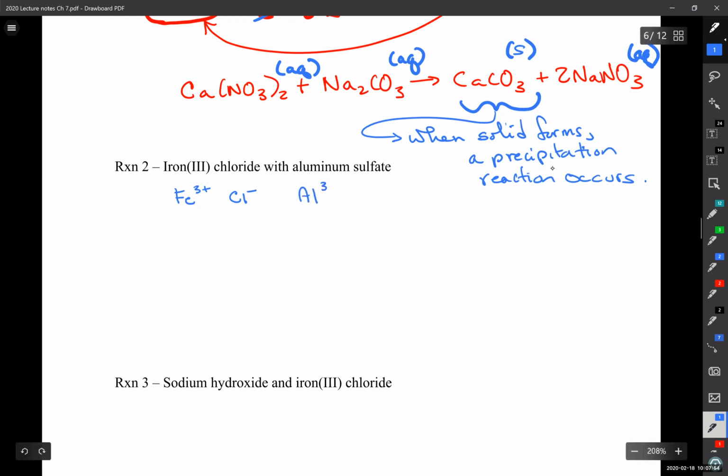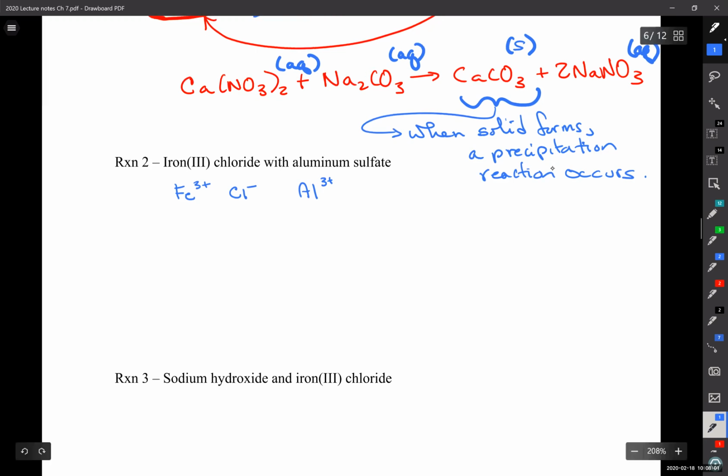It's one of the ones you can predict from the periodic table. And sulfate is SO4 2 minus. Yep. You already have it memorized just by staring at the periodic table, right? Yeah, that's good. So what goes with what? Fe goes with the sulfate, and the Al goes with Cl, yeah. And that's how I get my products.